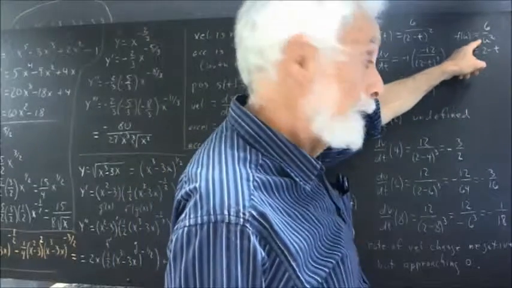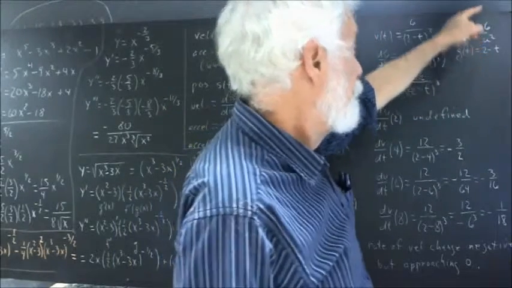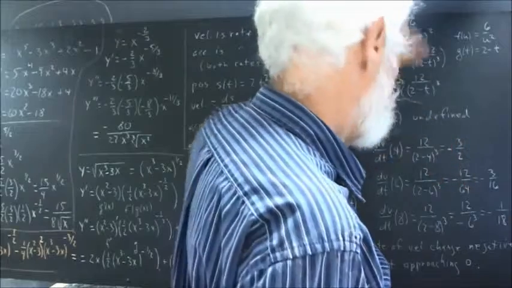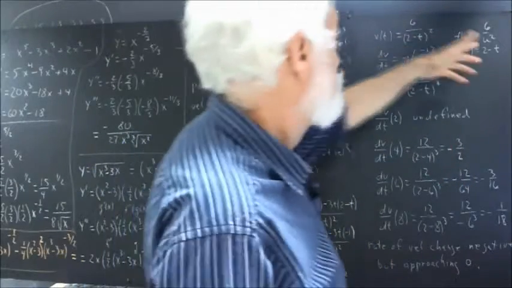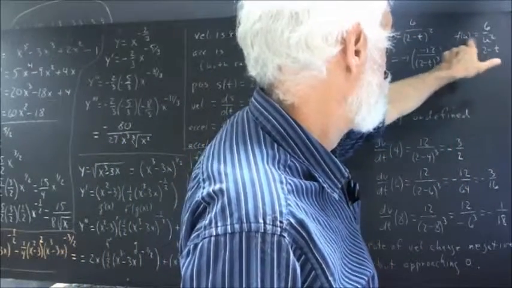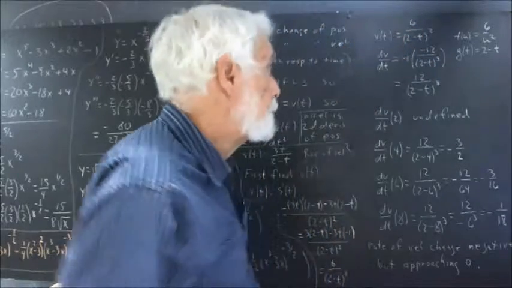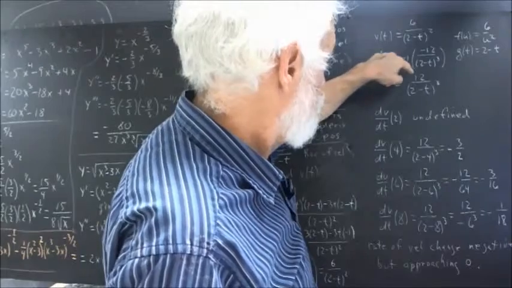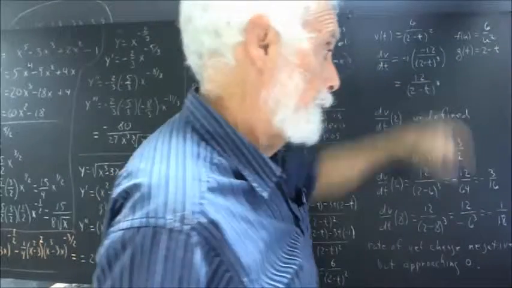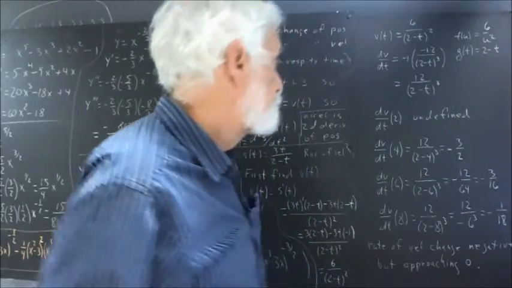So when we take the derivative of the f of u function, we get -12 over u cubed. That's very straightforward. And then plugging in the g of t function for u, we get -12 over the quantity 2 minus t cubed, giving us dv dt equals -12 over quantity 2 minus t cubed.